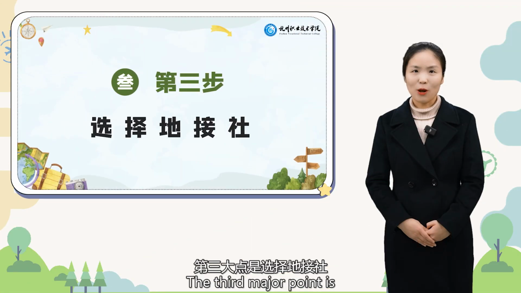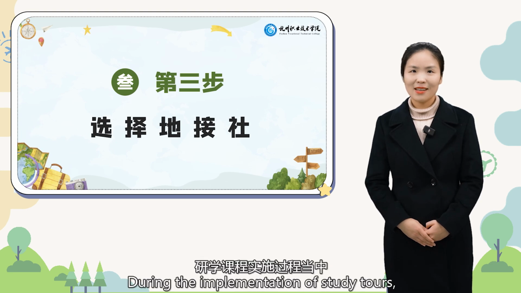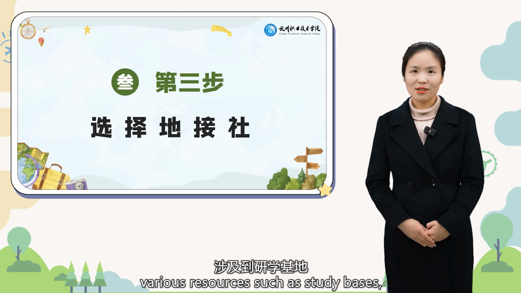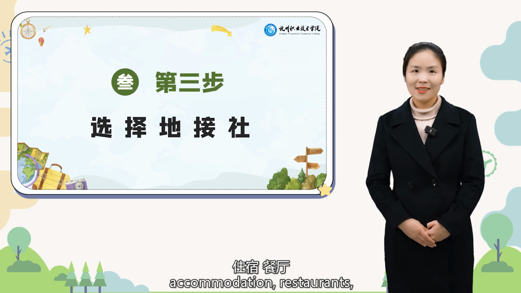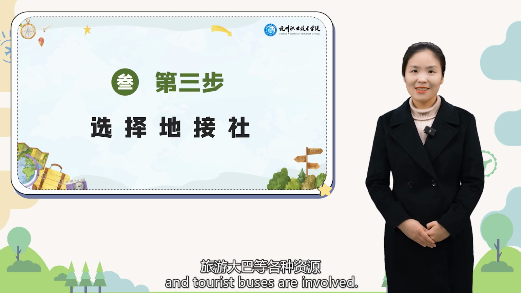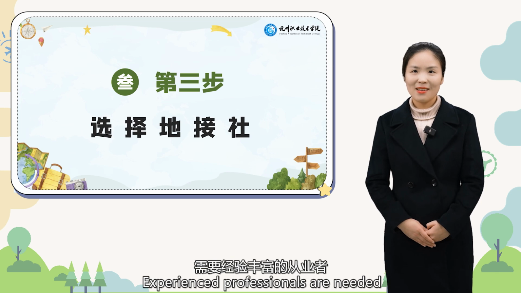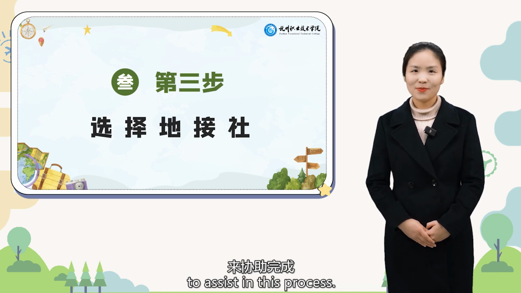The third major point is choosing a local tour operator. During the implementation of study tours, various resources such as study bases, accommodation, restaurants, and tourist buses are involved. Experienced professionals are needed to assist in this process.